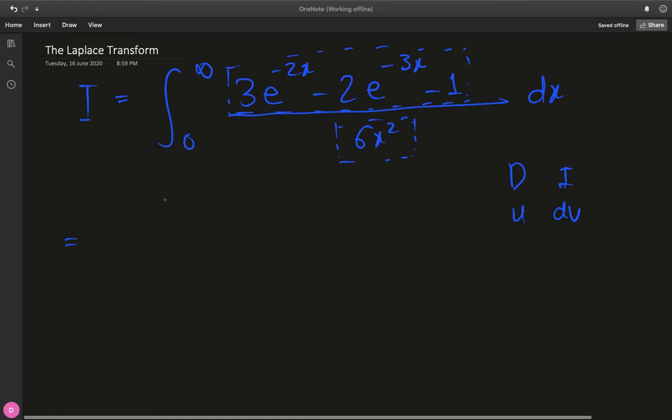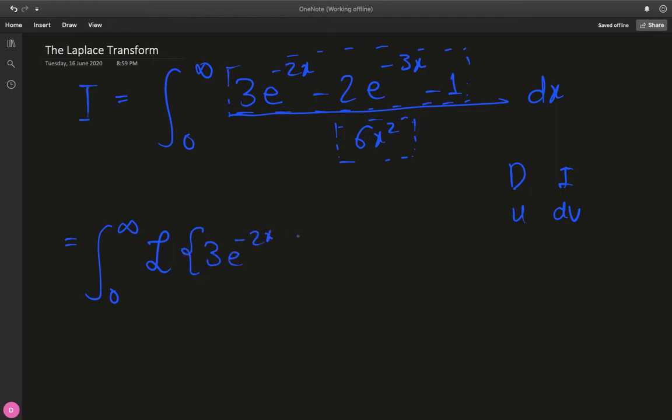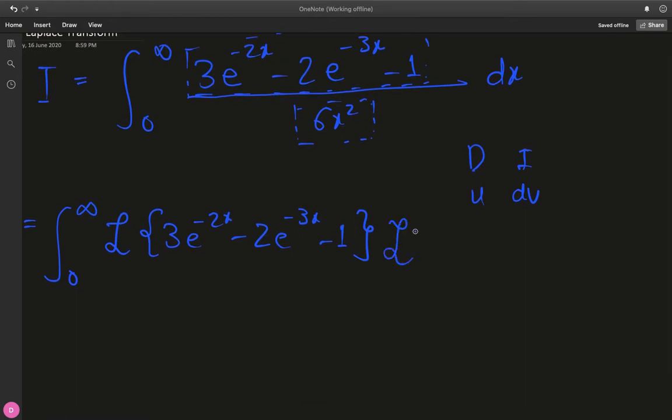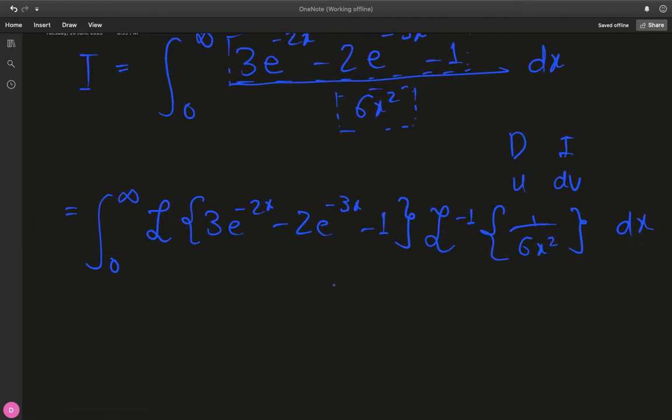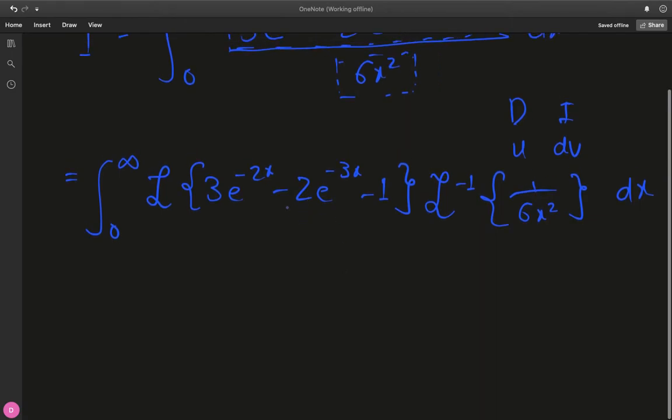So our integral can be written as integral from 0 to infinity of the Laplace transform of 3 times e raised to negative 2x minus 2 times e raised to negative 3x minus 1 times the inverse Laplace transform of 1 over 6x squared. All of that is integrated with respect to x. Now it's actually time to find the Laplace transform of this part that we defined, and also the inverse Laplace transform of this.